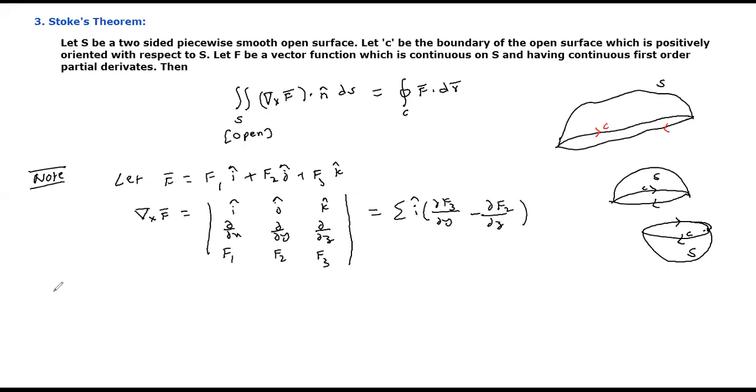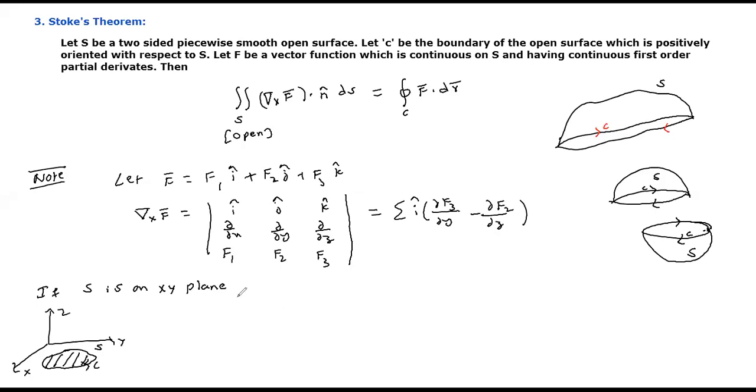Now, if S lies on an xy plane, what happens? Instead of lying in space, I am assuming that our surface is lying on the xy plane. This is my surface, and this is the boundary C, with x-axis, y-axis, and z-axis.